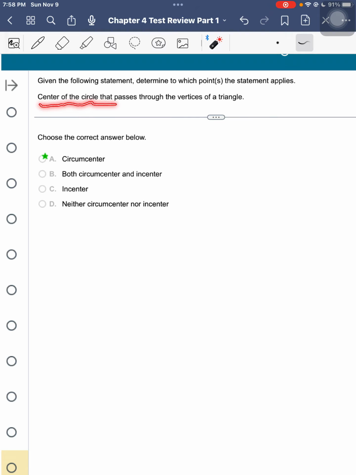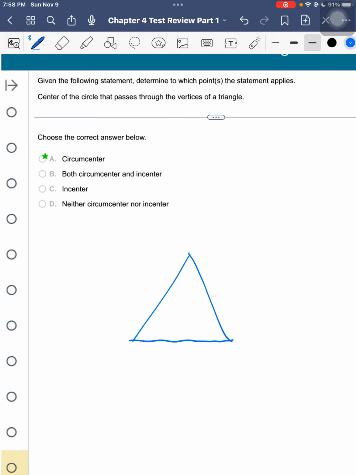Now, center of the circle that passes through the vertices of the triangle. Given the following statement, determine to which points the statements apply. So, center of the circle that passes through the vertices of the triangle, that is going to be your circumcenter.